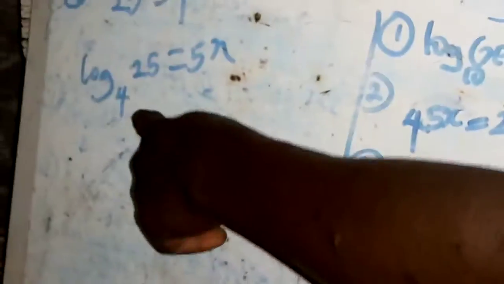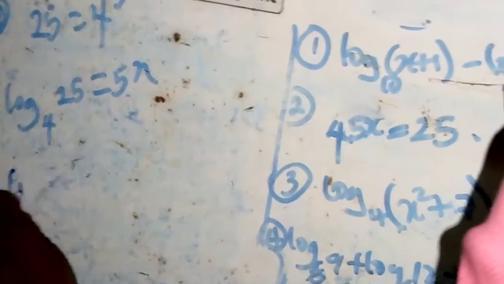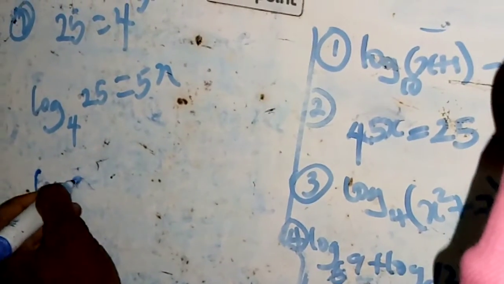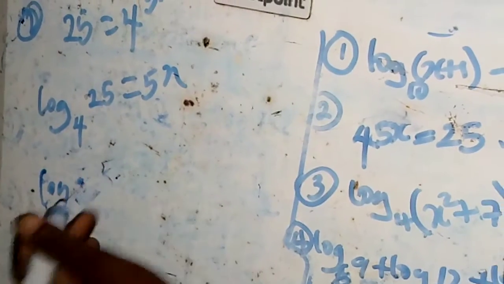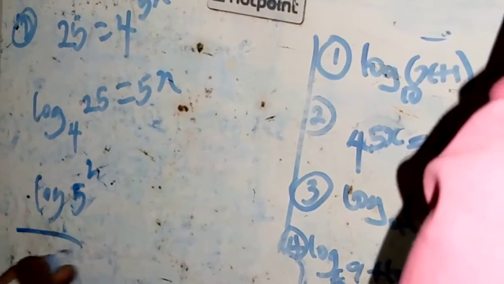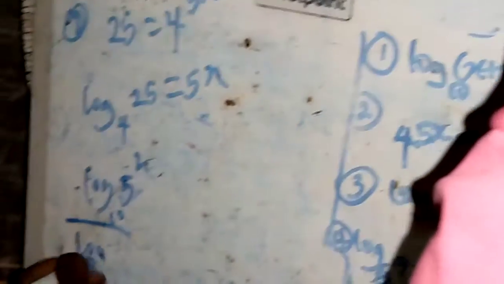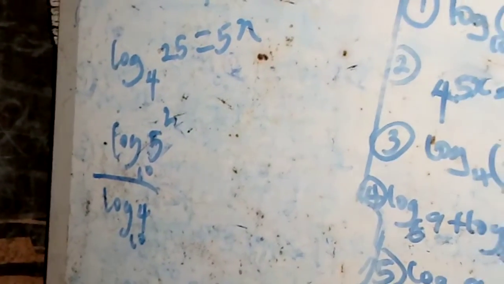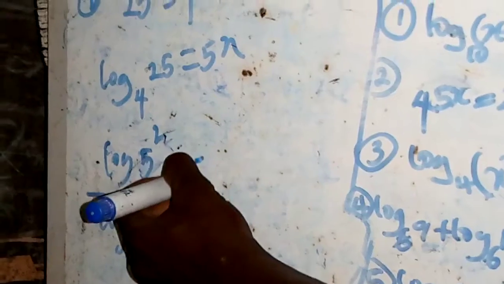So for us to press this on the calculator, it will now be log 25, or we can say 5 squared, that's 25, then over, you put it in base 10, and log 4 base 10. So in order to press it on the calculator, it equals 5x.